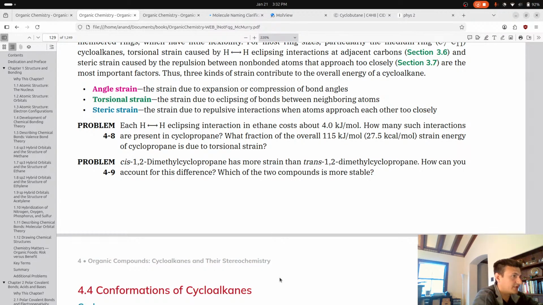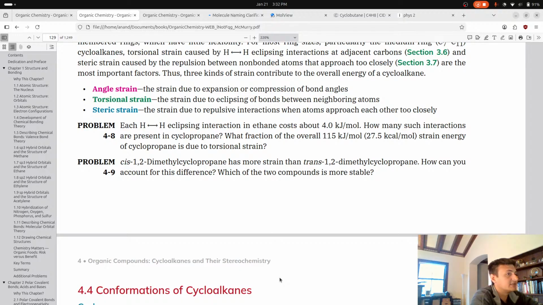And then we're going to get CH3, H. So this is a wedge going up, and this is CH3, and this is H. So this is cis-1,2-dimethylcyclopropane.